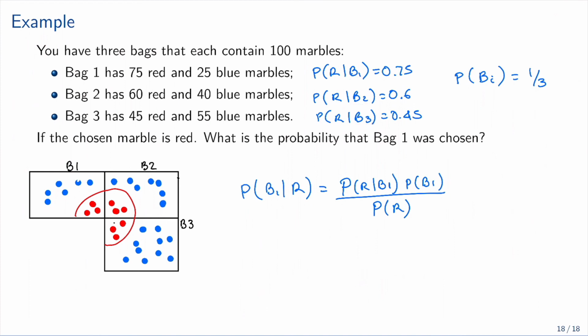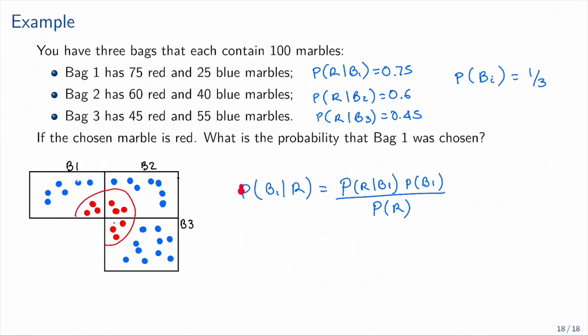Also remember that bag 1, bag 2 and bag 3 are chosen randomly, so the probability of choosing one of those bags is 1/3. Now the question is, if the chosen marble is red, what is the probability that bag 1 was chosen? To solve this question, we are going to use the Bayes rule.